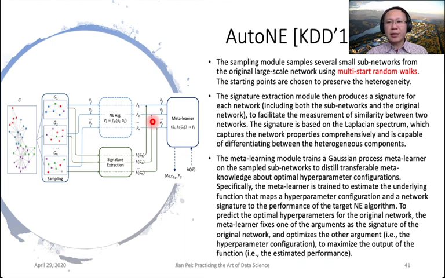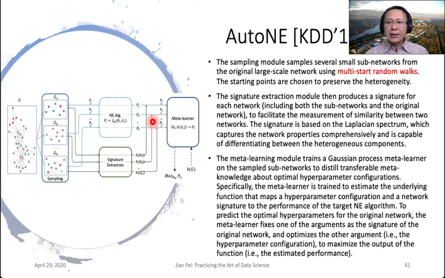In the second step, the signature extraction module produces a signature for each network, including both the subnetworks and the original network, to facilitate the measurement of similarity between two networks. The signature is based on the Laplacian spectrum, which captures the network properties comprehensively and is capable of differentiating between the heterogeneous components.